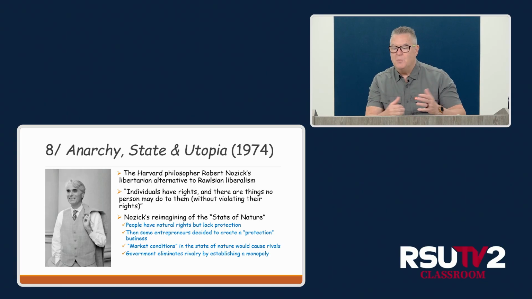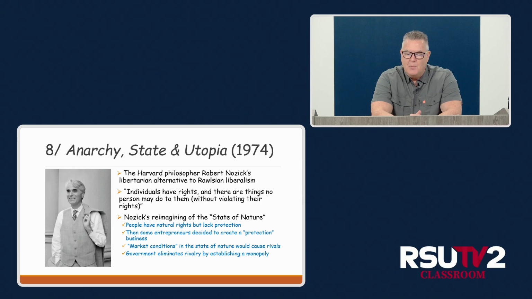And then some entrepreneurs decide that they're going to create a protection business. Market conditions in the state of nature would cause rivals. Government eliminates rivals by establishing a monopoly on the use of coercion. That is how he reframes the state of nature.